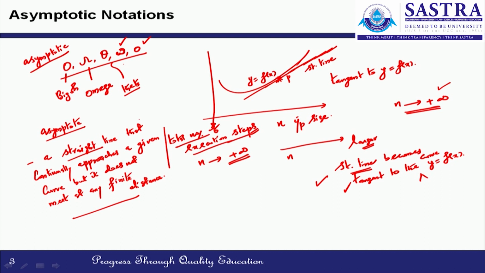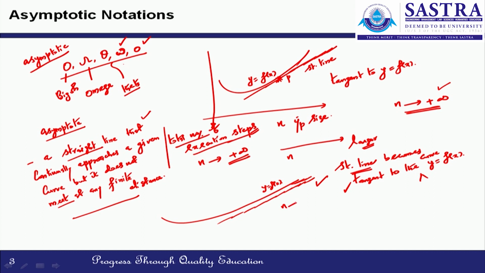So, asymptote is a straight line that continually approaches a given curve. For example, this is a straight line. In case you like to draw a straight line like this, the straight line will never touch the curve y is equal to f of x at finite distance.